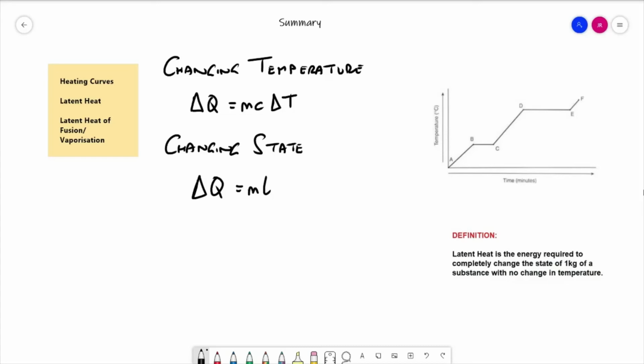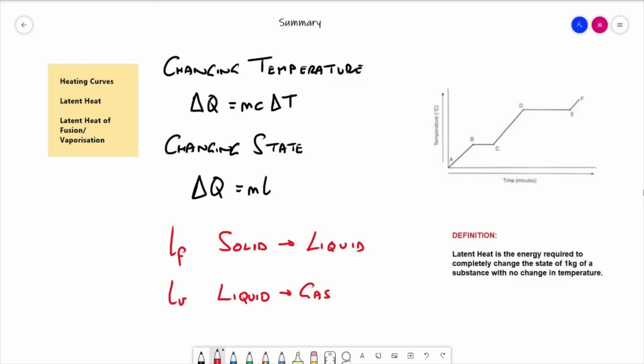And then finally we showed that there are two slightly different approaches to latent heat depending on exactly which change in state we are looking at, and LF, which is the latent heat of fusion, was for solid to liquid, and LV for latent heat of vaporisation was for liquid to gas.